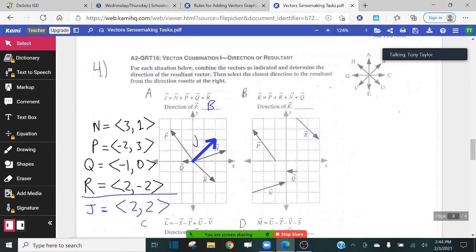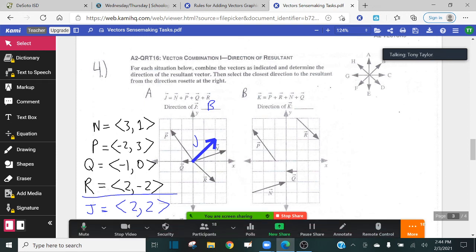You'll be surprised, especially if you major in science or math in college, how often you use vectors. I cannot tell you how important vectors are, which is why Mr. Becksmith is going to go over them in his class as well. Now he's going to go in much more depth than I do. I just cover the basics that you guys need to know for pre-cal.